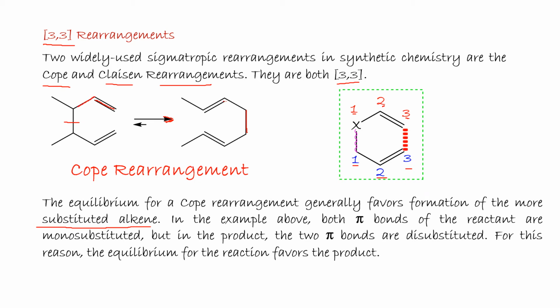In the product, the alkene is di-substituted. And we have learned in organic chemistry 1 that more substituted alkenes are more stable than their isomeric mono-substituted ones.